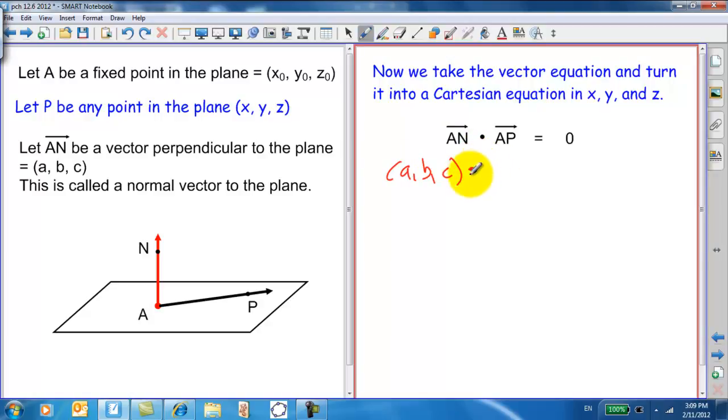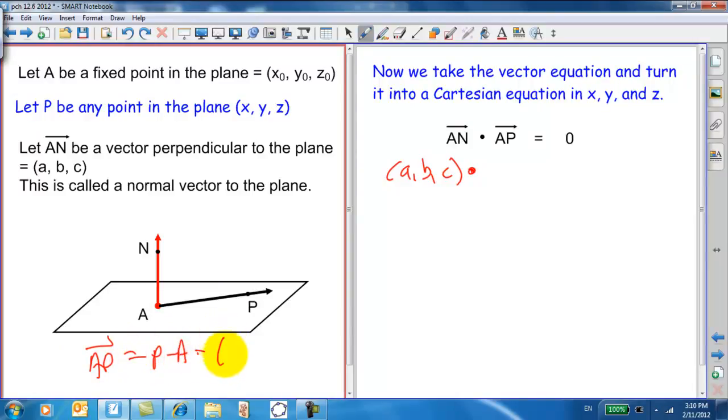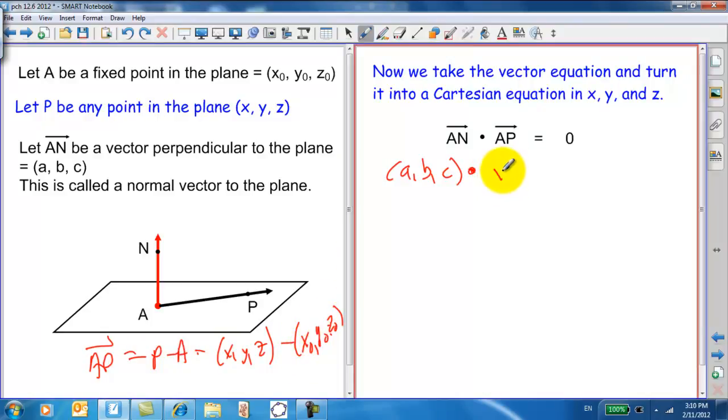And for vector AP, we have to go from A to P. So we actually have to go P minus A. So vector AP equals P minus A, and P was XYZ, and A was X naught, Y naught, Z naught. So we get X minus X naught, Y minus Y naught, Z minus Z naught, and that's all equal to 0.